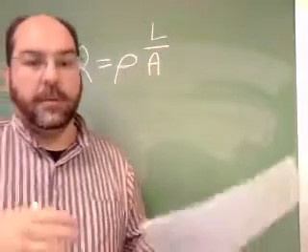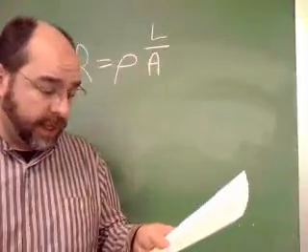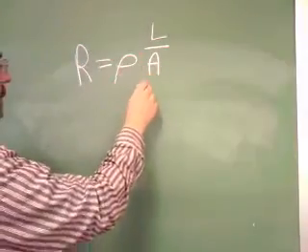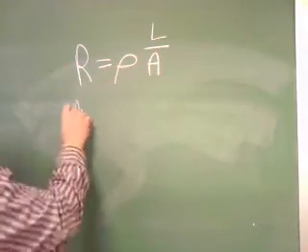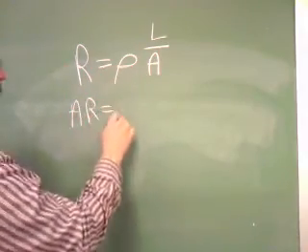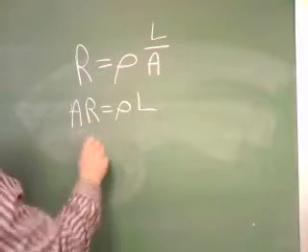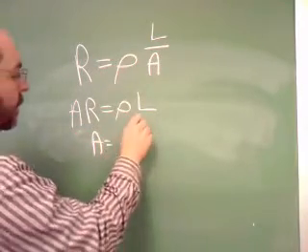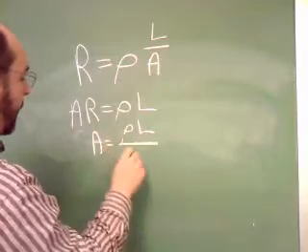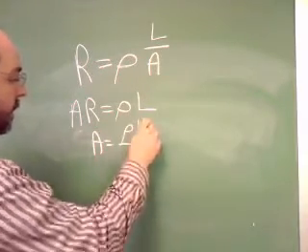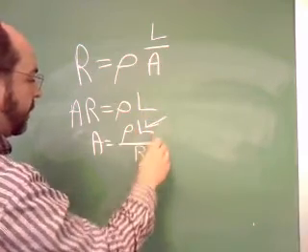We want to figure out area, which is proportional to diameter, so we can just go ahead and figure out this relationship to area. I'll multiply both sides by area. R equals rho times L. Area equals rho L divided by R. They have the same length.